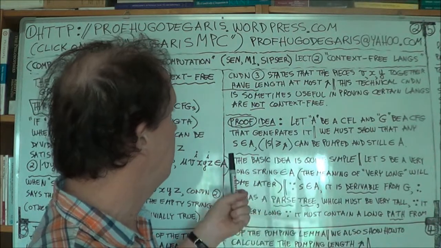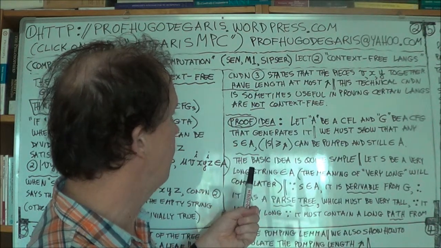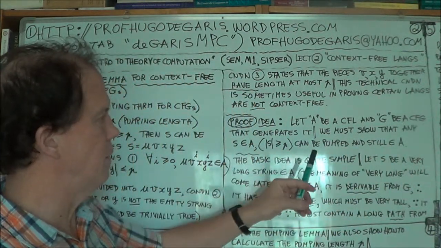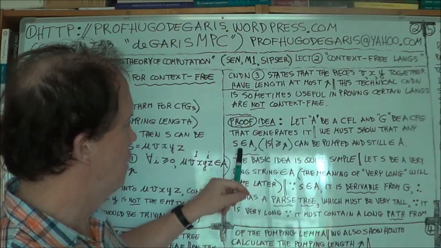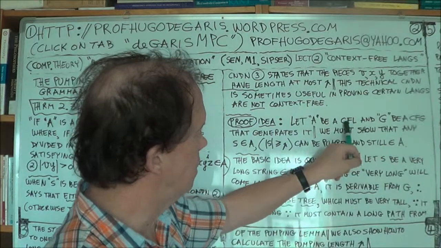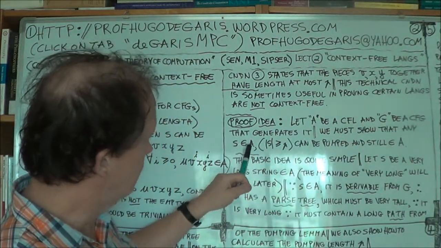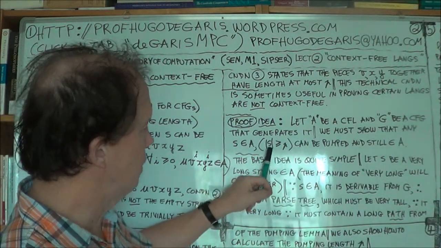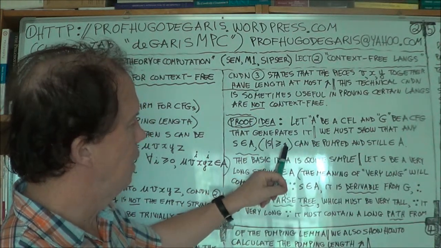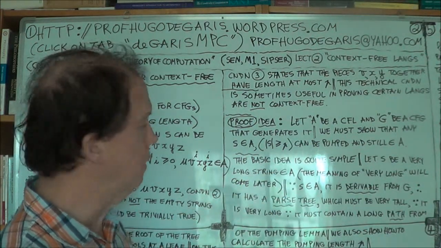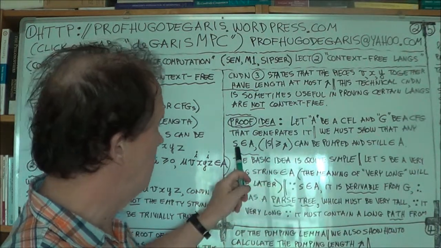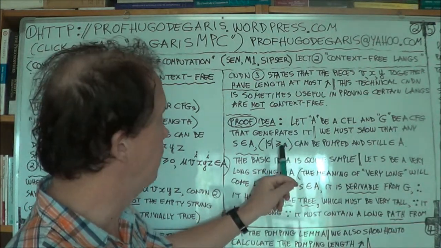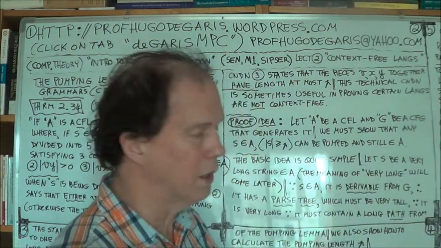Now, what we're trying to prove, the proof of the pumping lemma, is that any string s that belongs to this language A, for the strings that have a length at least as large as the pumping length, little p, can be pumped, and still they belong to the language.